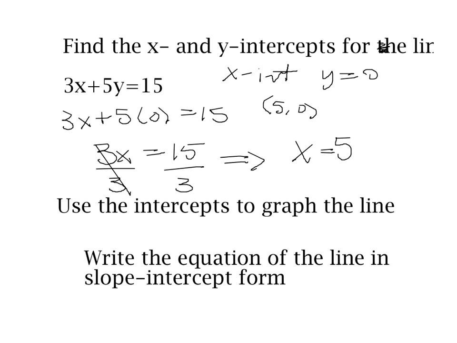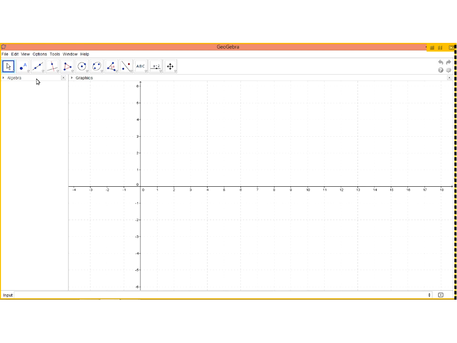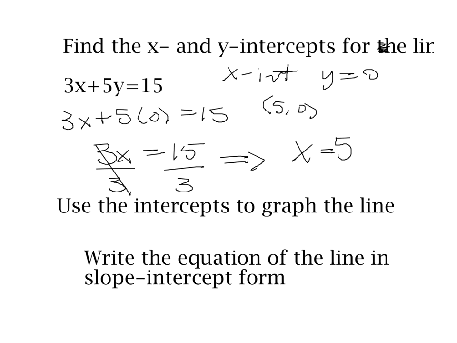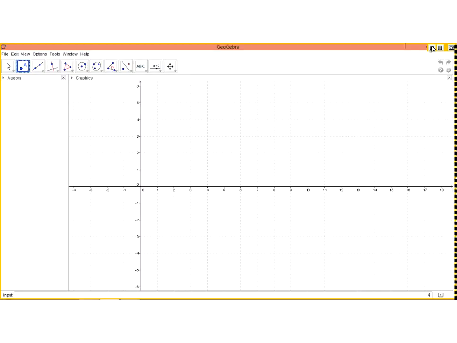Now, it says to use the intercepts to graph the line. So we have the x-intercept, x equals 5, and the y-intercept, y equals 3.